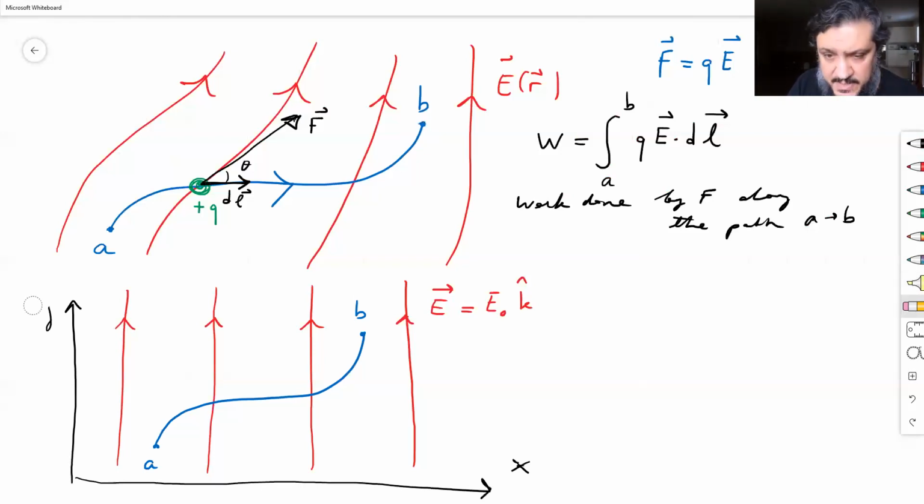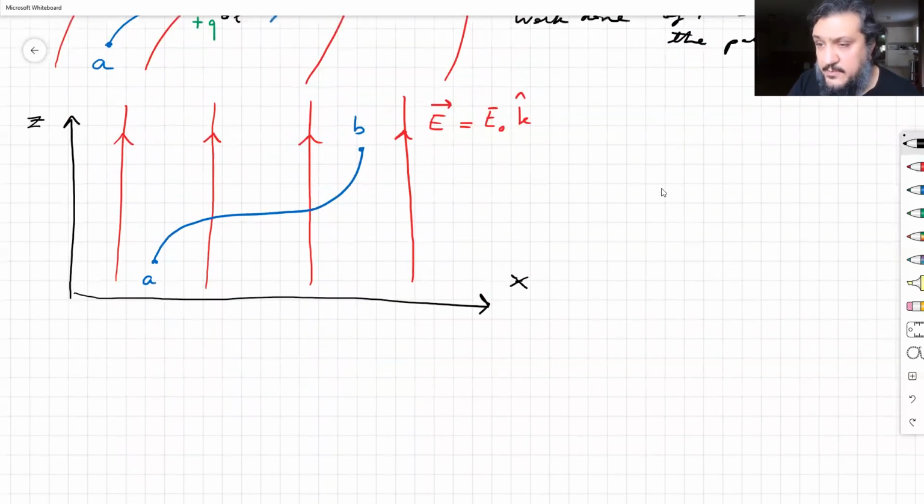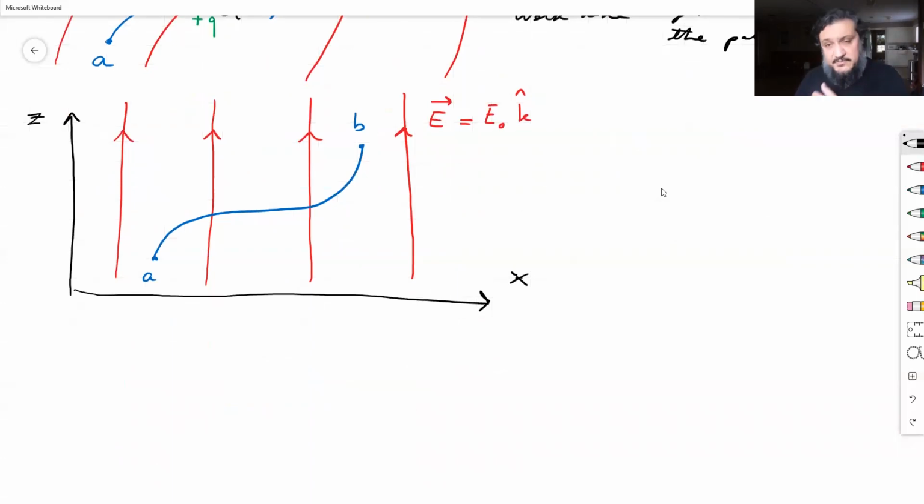So let's make this Z. All right. So the electric field doesn't have any horizontal component. So you'll see that this X actually will not matter at all. But let's mark the points A and B on the Z-axis.